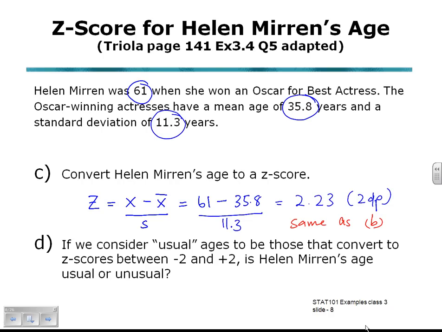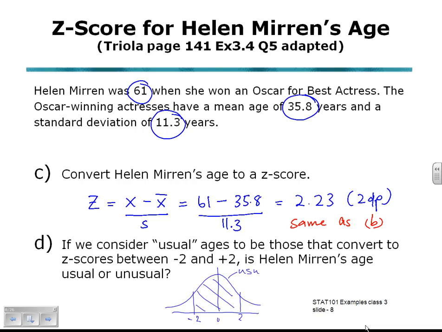And finally, part D: if we consider usual ages to be those that convert to Z-scores between -2 and +2, is Helen Mirren's age usual or unusual? Here we're looking at Z-scores between -2 and +2, i.e. 2 standard deviations away from the mean.